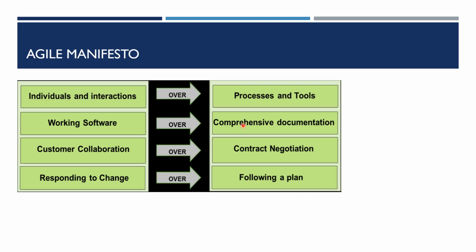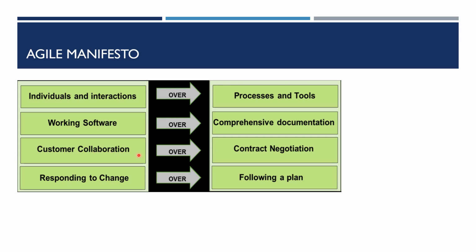So there used to be a phase of requirements gathering and then doing a design. We don't do the documentation at that level of detail in Agile. We just do enough documentation to start building on the highest priority requirements, and then we keep building on the documentation as we go along.